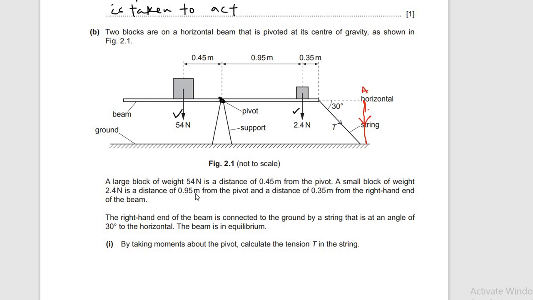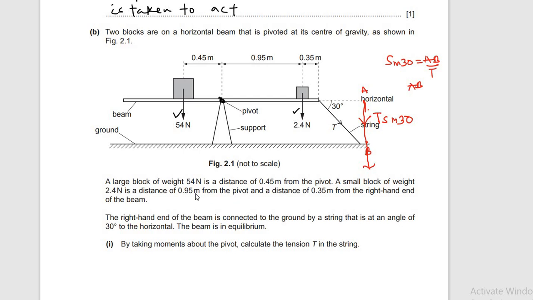I don't know it, and that's what we're looking for. Let's use SOHCAHTOA. Sine 30: the opposite is AB, the hypotenuse is T. So AB is T sine 30. So this force acting down is T sine 30.